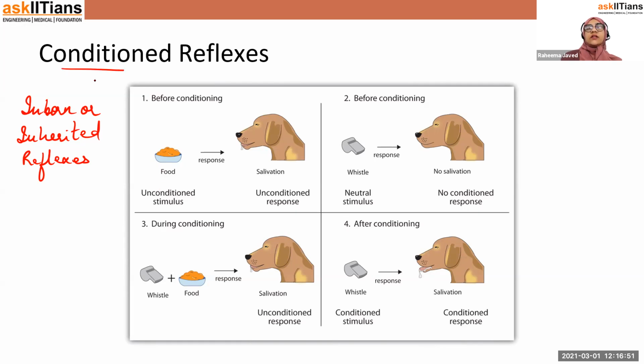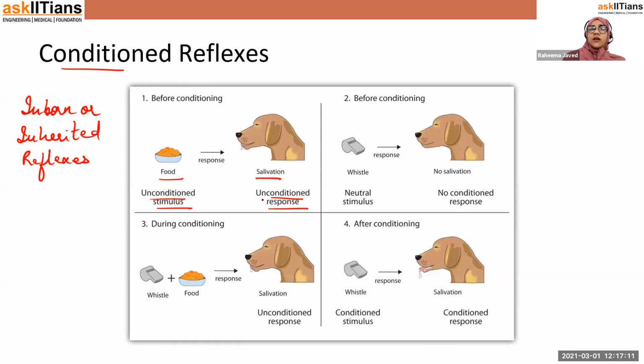Such reflexes which are learned are known as conditioned reflexes. For these, experience is required. So he showed food to the dog, and he observed salivation. So food is an unconditioned stimulus and salivation is an unconditioned response.